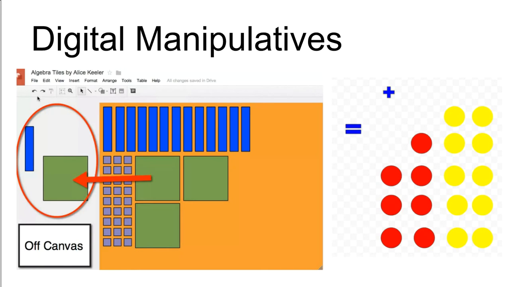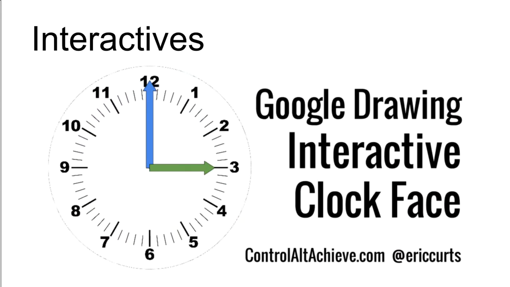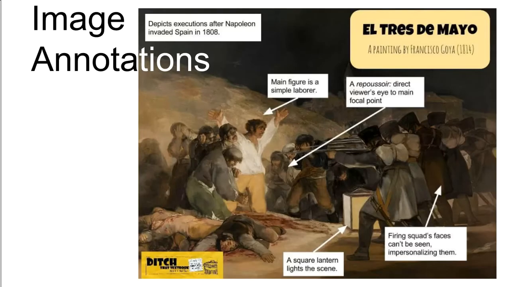Makes a nice activity board for the students to actually do the work, a little bit more student driven. Here's a great interactive. Use it for money or for clocks. I also put the website of this resource down there.